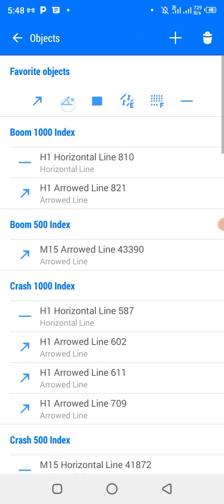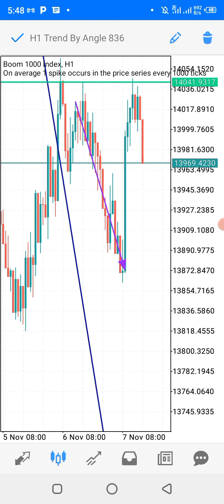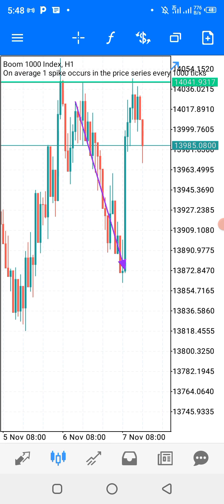It reverses like this to retest the support. So as an expert trader, on retest to this support in H1, what do you do? You open all your margin and you sell.